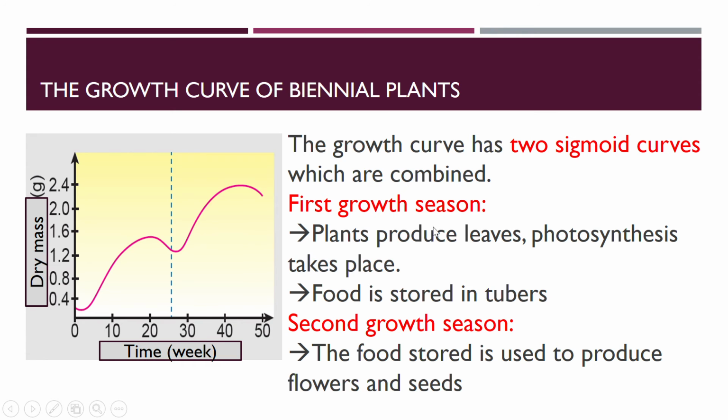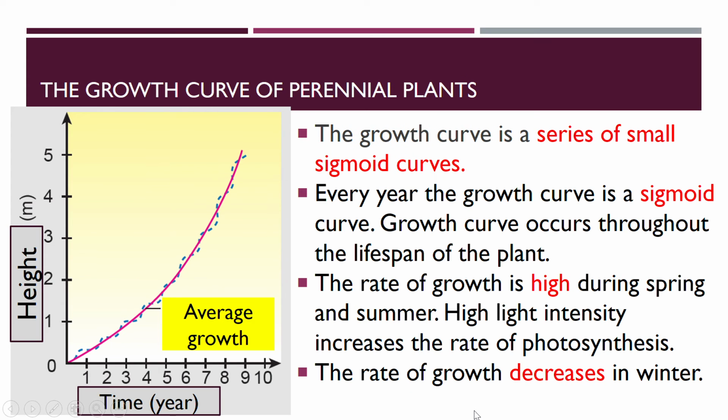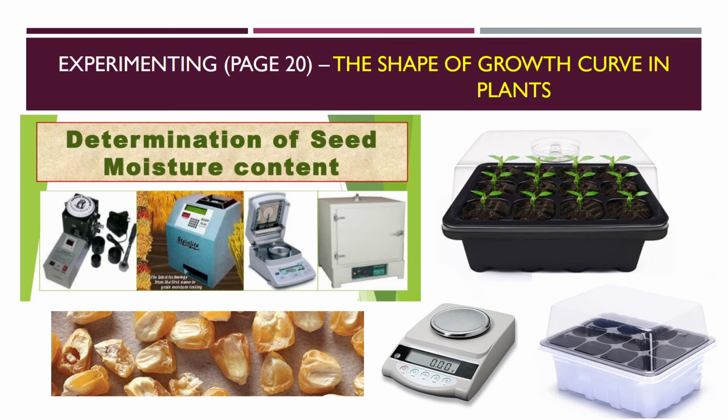Alright, so you can see, you can read the significance. Kalau perennial ni dia ada series of small sigmoid curves. Ada banyak-banyak sigmoid curve di sini. Okay, you read on the details, and if there is any questions, you may ask.